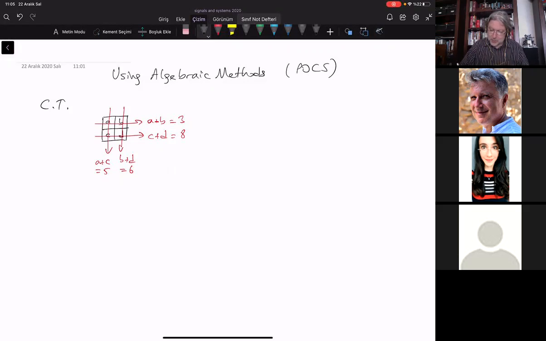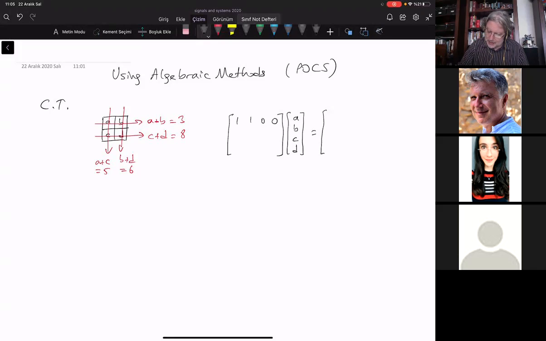But when we try to do it, essentially it comes out in the form of a matrix equation. We have A, B, C, and D here, and we have 1, 1, 0, 0, which makes A plus B as its result.